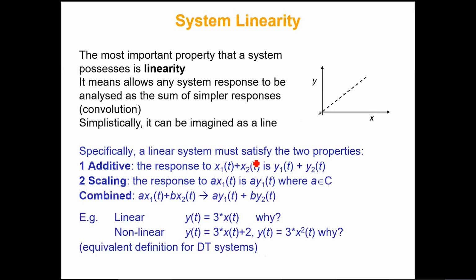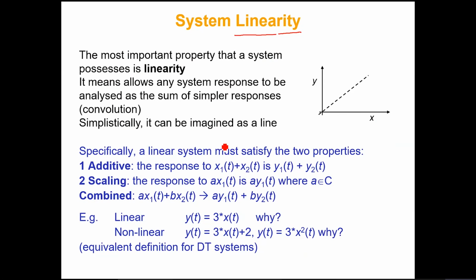Okay, let's talk about the property that we have seen earlier, the property of linearity. What is a linear system? We have already covered it in the introduction, and we saw different explanations for a linear system.